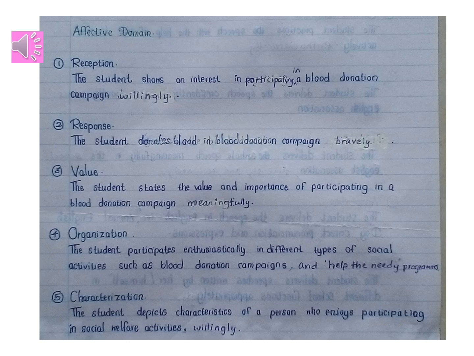Organization. That means expand, having a network of values, right? The student participates enthusiastically in different types of social activities, such as blood donation campaigns and help the needy programs, right? Like that. Characterization. The student depicts characteristics of a person who enjoys participating in social welfare activities willingly. Right. So you should be able to write the specific objectives or the learning outcomes like this.